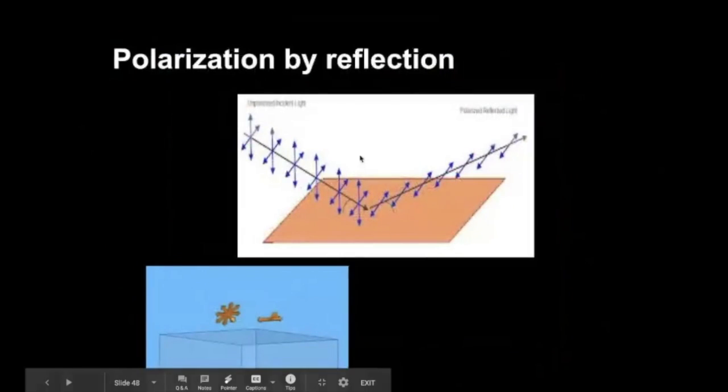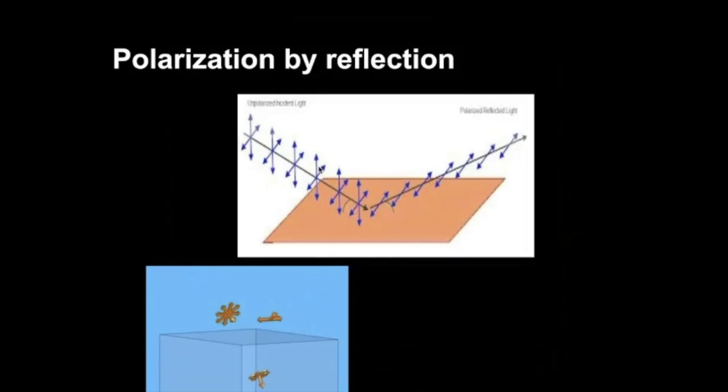All right, now flat surfaces polarize light. So the hood of a car, the surface of a lake. You've got, again, all this light here that is oriented in every direction. Once it hits, only one orientation comes off. Now, if I'm wearing polarized sunglasses, I want vertically polarized sunglasses to block this reflected light. It doesn't mean I'm not going to be able to see anything.